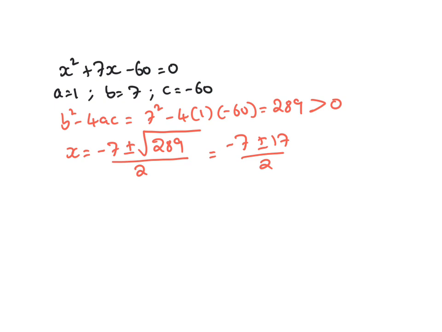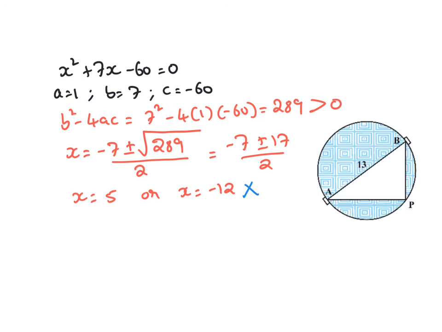When you solve this, x is going to be equal to 5, or x is going to be equal to negative 12. But we cannot take negative 12. Why? Because x represents the distance of the pole from B, the gate B, remember in the diagram. So the pole has to be erected at 5 meters from gate B, because this was x.